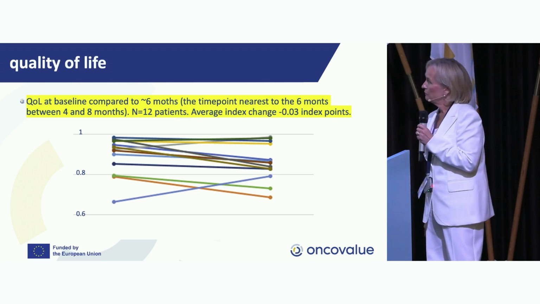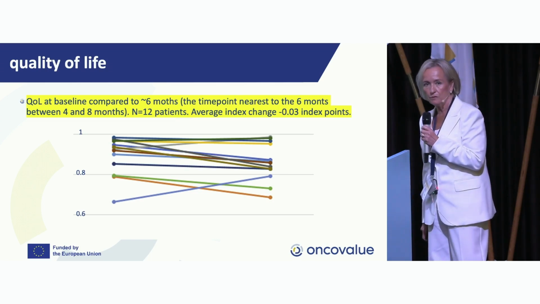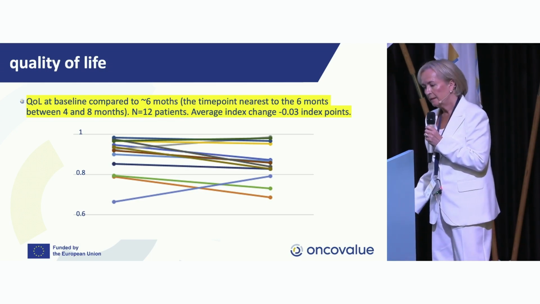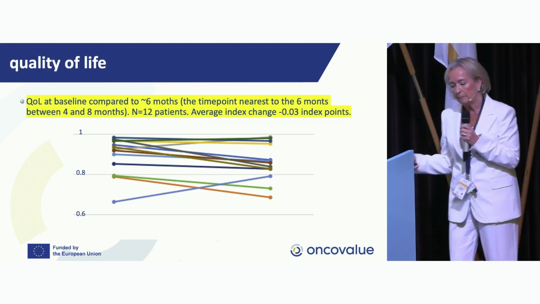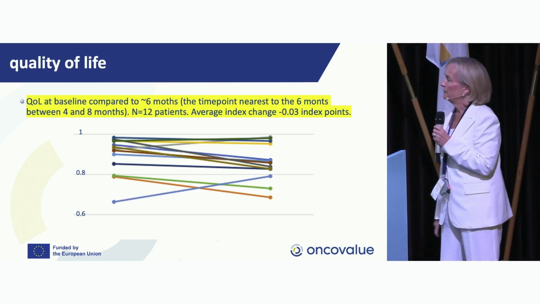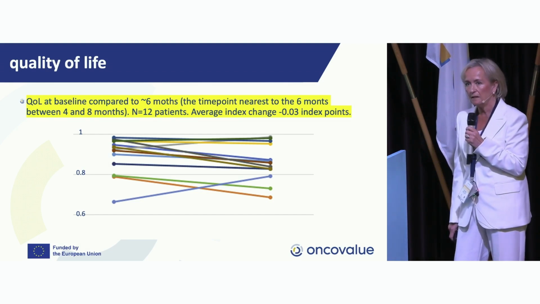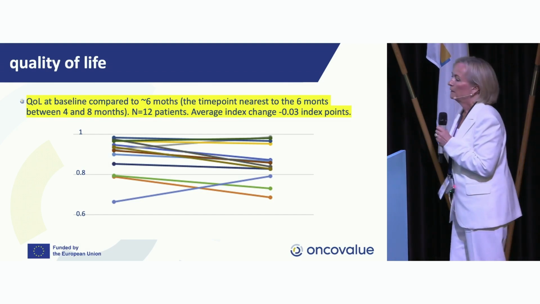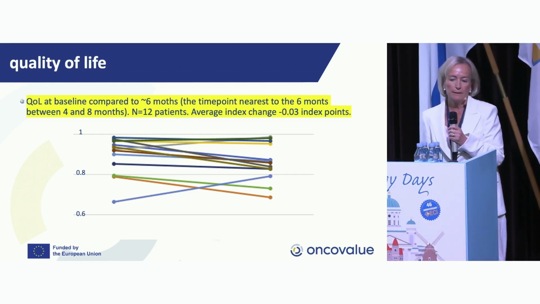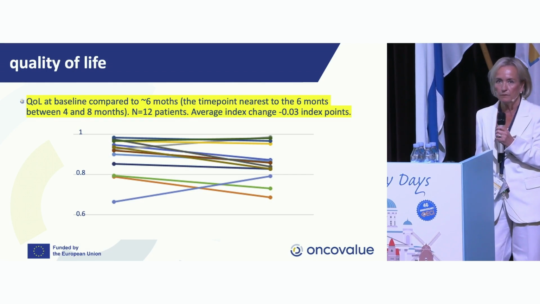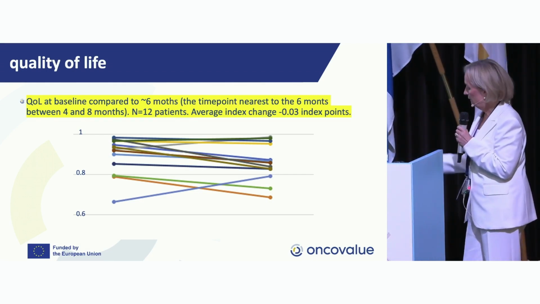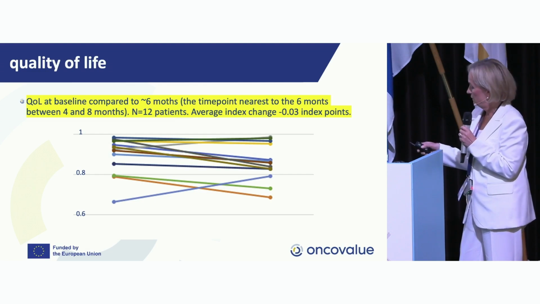So here is also something to improve in the future if we want to include quality of life in the analytics. It was not reported in the publication. But I think that as part of clinical routines, it would be excellent if we all could get the quality of life. If we combine the quality of life with the ECOG status, we have quite a lot of information about how the patient is doing.